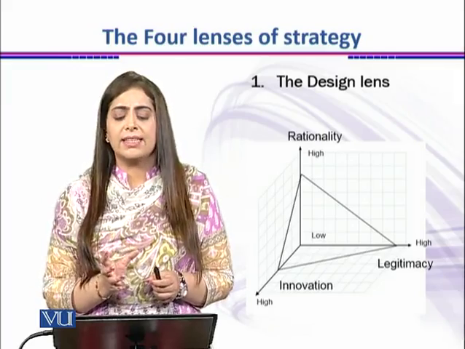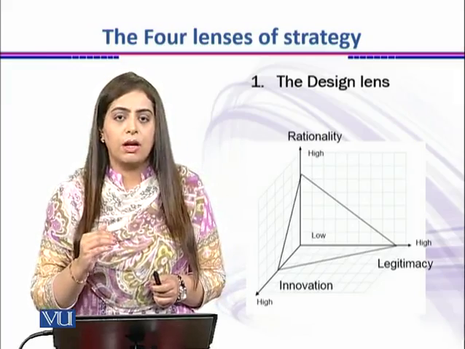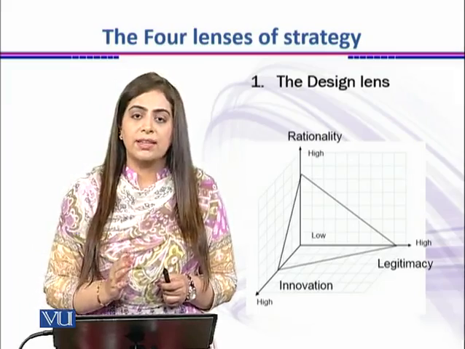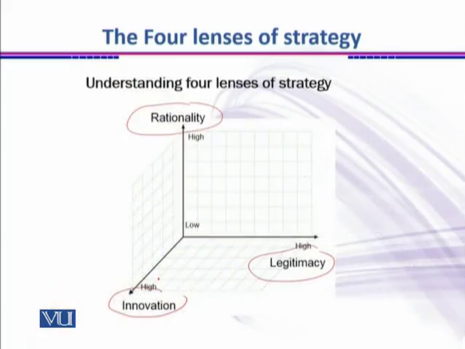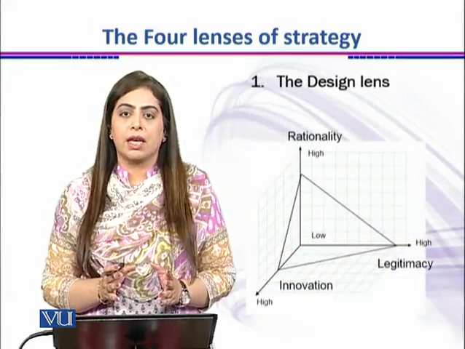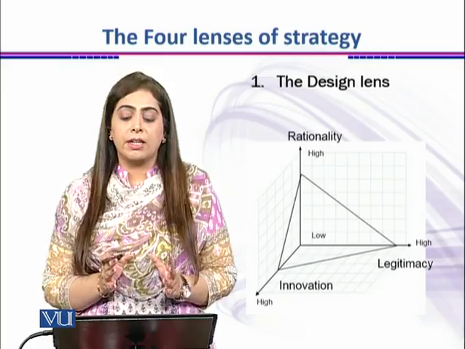So in the design lens, rationality is medium to high, legitimacy is very high, while innovation is medium to low. To summarize, the design lens is concerned with rational decision making, and it is about systematic decision making and systematic management of strategy.